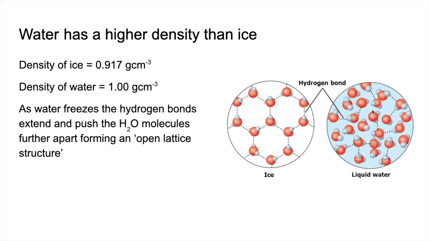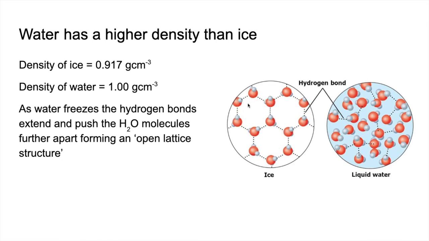So if we start with the liquid water, the hydrogen bonds are quite short, and so the H2O molecules are quite close together. When it freezes and turns to ice, the hydrogen bonds actually extend and you get this regular lattice structure forming. But because the hydrogen bonds are longer, it's classed as an open lattice.